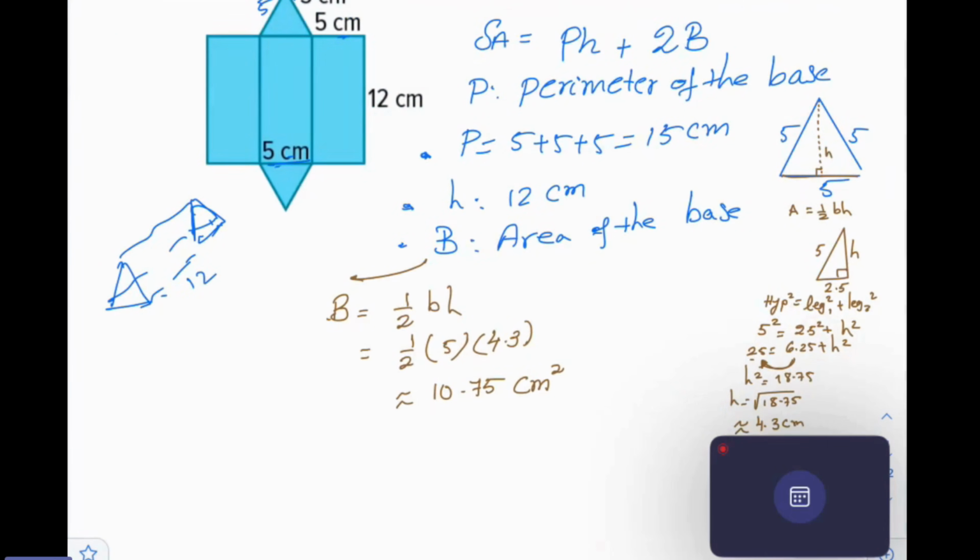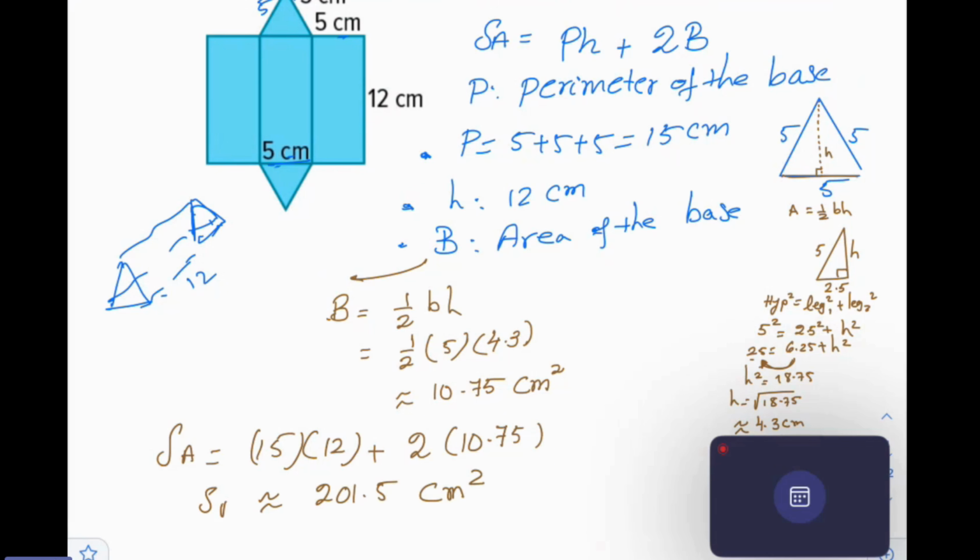Now everything is clear to us, and we will put everything in the general formula. So P is 15 times h, which is 12, plus twice the base area, which is 10.75. Totally, it is about 201.5 centimeters squared. This is the surface area.